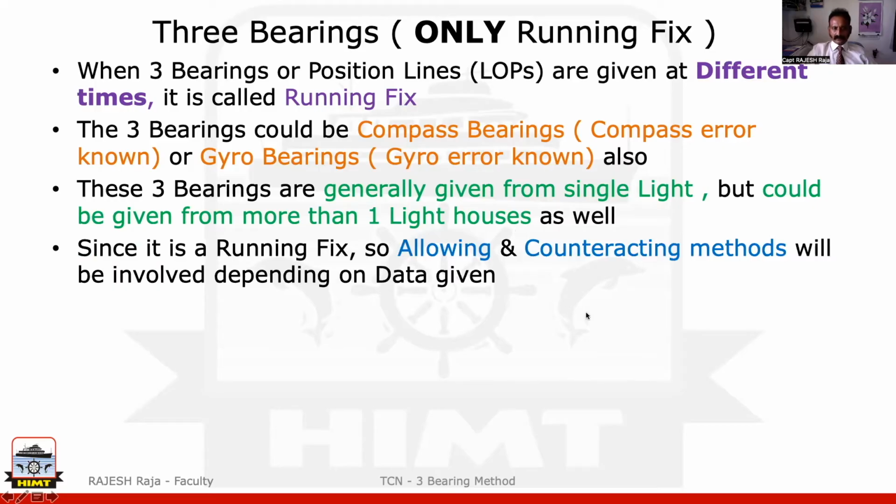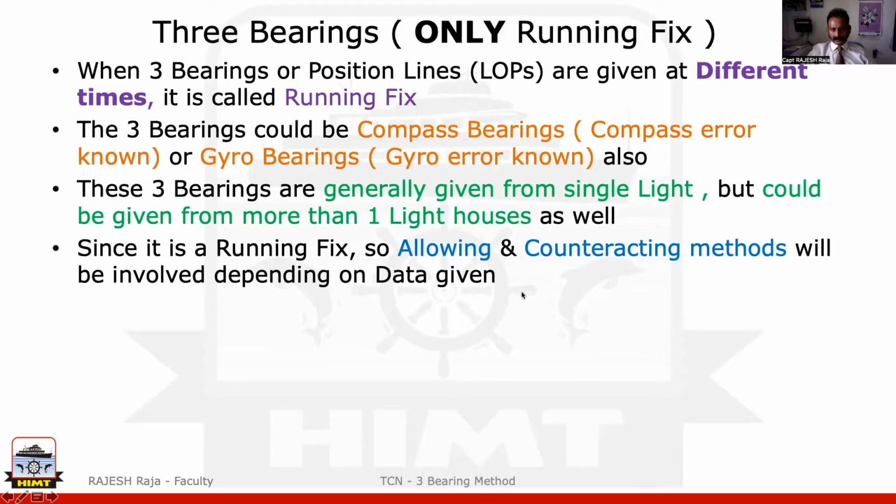Normally, whenever a running fix is encountered in any question, you will be forming a chart triangle. And normally the chart triangle, I can broadly separate into two methods called allowing and counteracting. You may not find these words in other books or other videos, but later on I'll make a video which talks purely about the allowing and counteracting methods, so you'll understand that also.